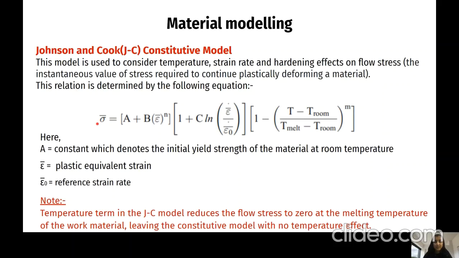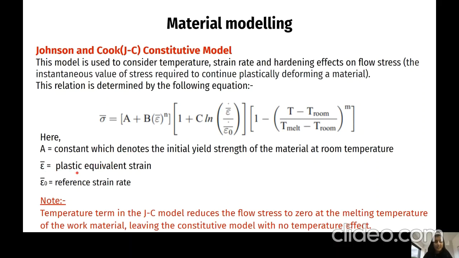Sigma, that is the flow stress, equals A plus B times epsilon to the power n, times 1 plus C ln(epsilon by epsilon naught), times 1 minus ((T minus T room) divided by (T melt minus T room)) to the power m. Here, A is a constant which denotes the initial yield strength of the material at room temperature.